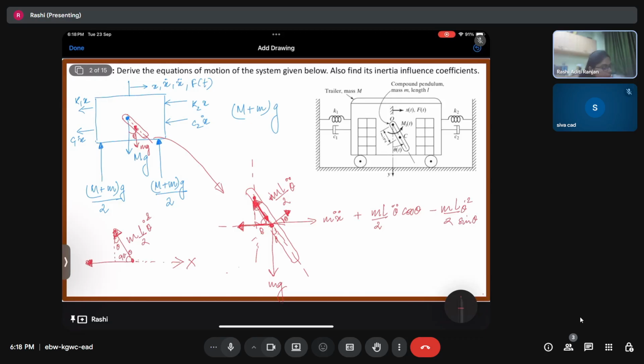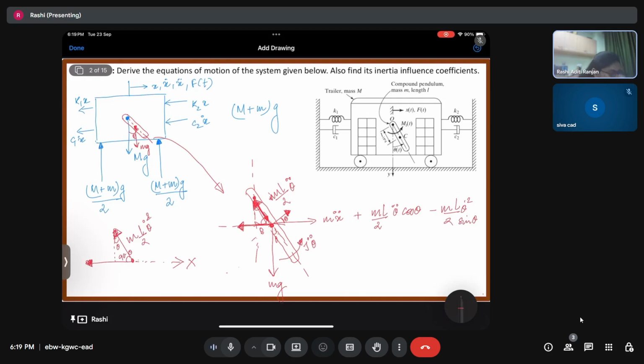Apart from that, this rod is going to have its own inertia, let us say J, so it is going to have an inertia force, something like J into theta double dot. Okay, and then we have for the mass as well, ml by 2 theta double dot. Definitely we have the force and we just multiply it with the arm length, so we are going to get the torque.